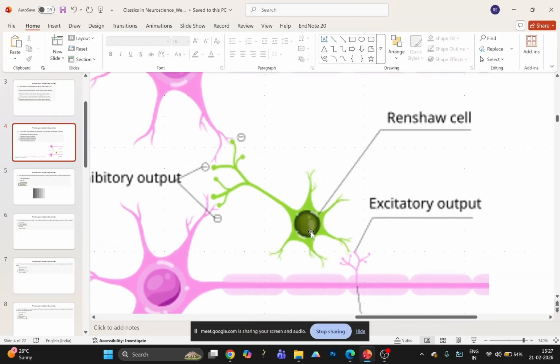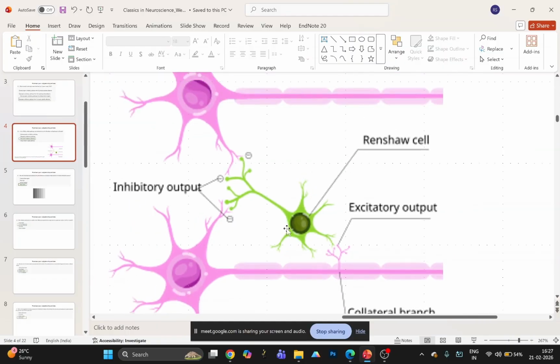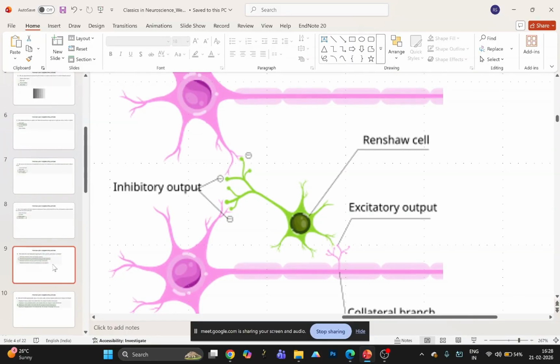And these interneurons were called Renshaw cells. These were termed Renshaw cells by Jack Eccles, and this pathway of recurrent inhibition was called the Renshaw cell pathway. This is something we have discussed.